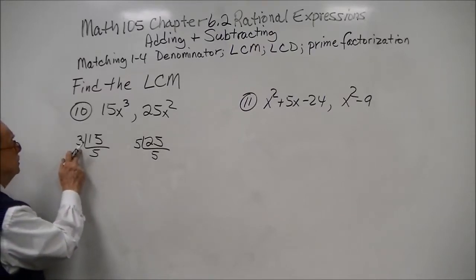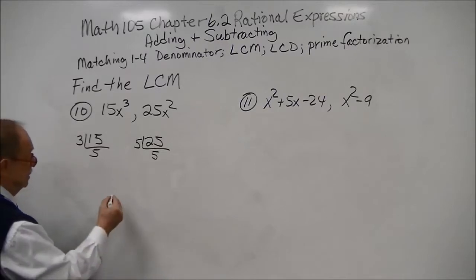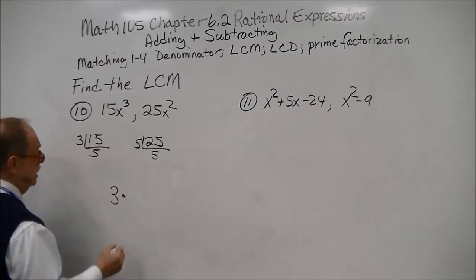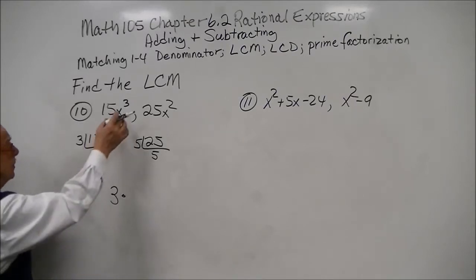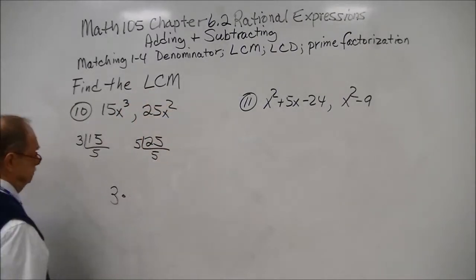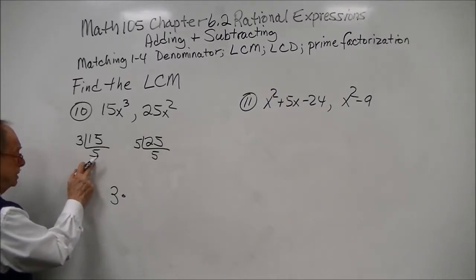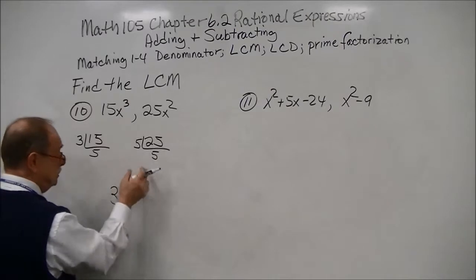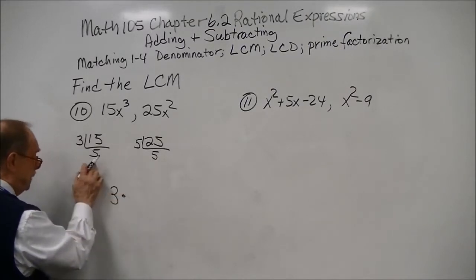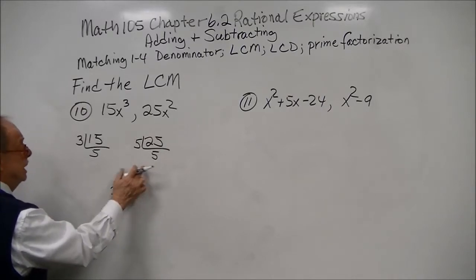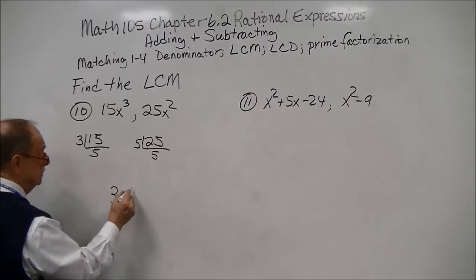Well, here we have a 3, and that's used once. So we'll need a 3 as one of our factors for our least common multiple. Now there's a 5 here. Here the 5 is used once, but the same 5 is used twice there. So the greatest number of times the 5 is used in any one factorization is twice.